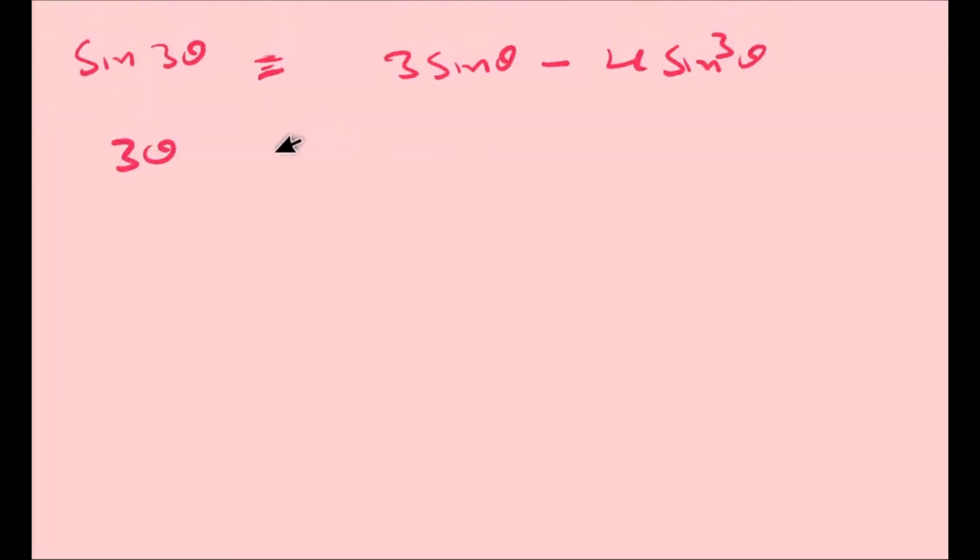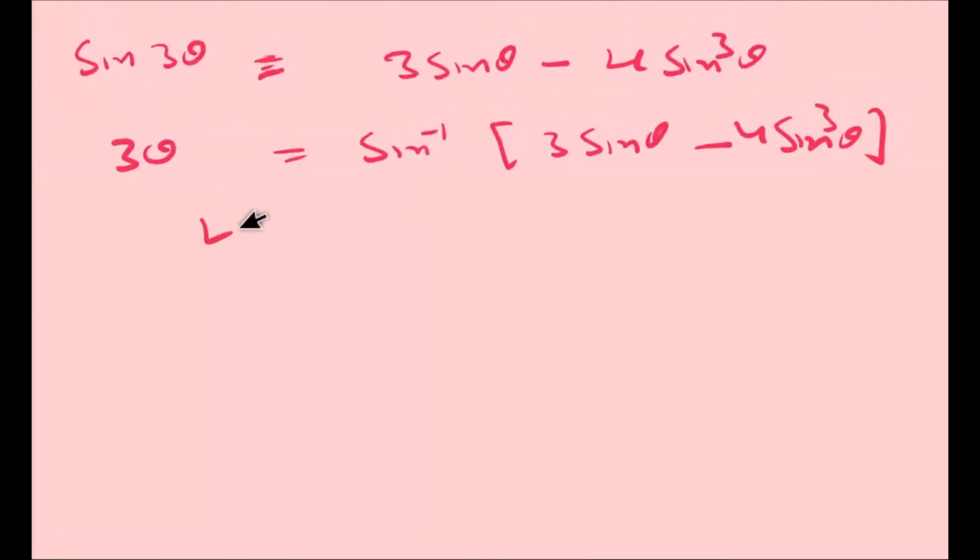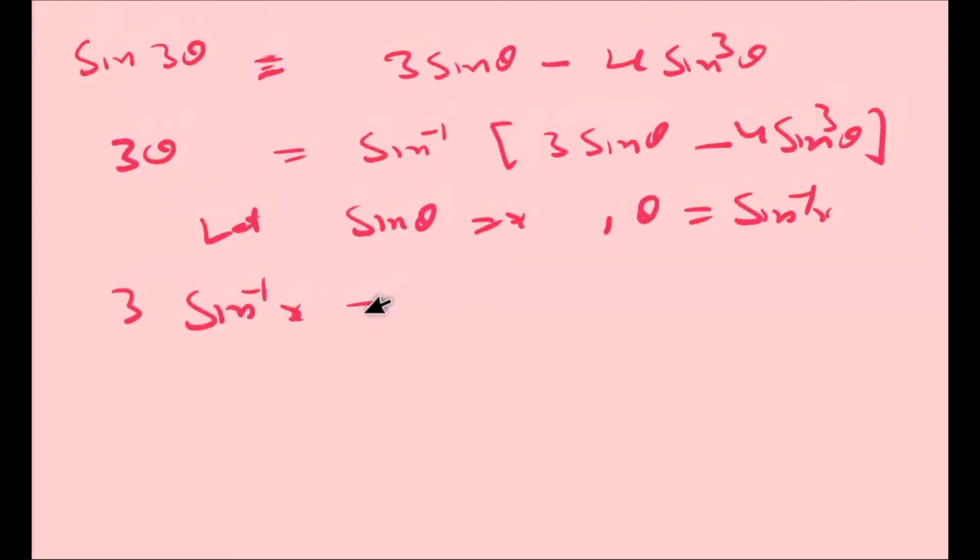Therefore theta equals sin inverse (3 sin theta − 4 sin³ theta). Now let sin theta equal x, hence theta equals sin inverse x. Putting this value here, we get 3 sin inverse x equals sin inverse (3x − 4x³). So we can use this formula for 3 sin inverse x.